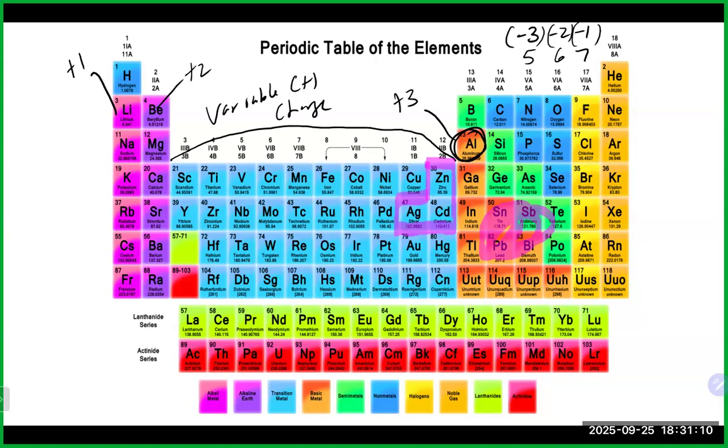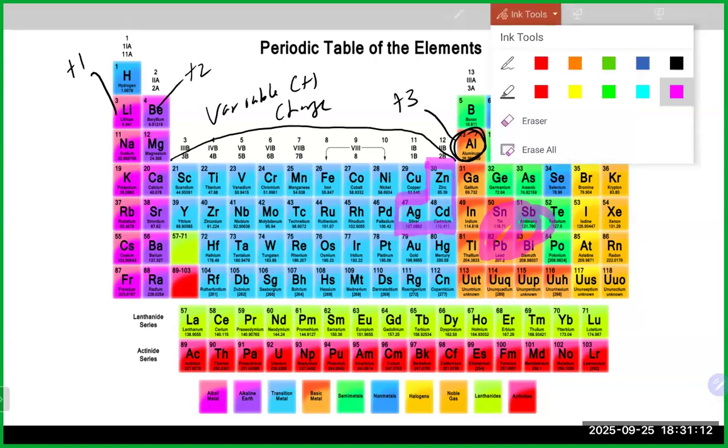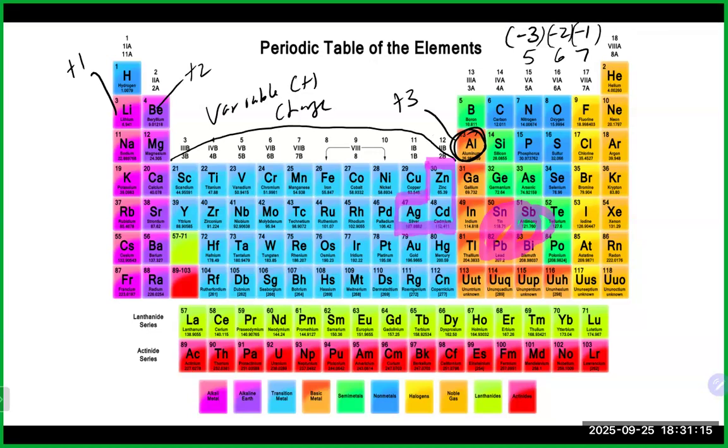Zinc and cadmium are +2, and silver is +1. Those are 3 exceptions in the transition metal region that have a fixed charge.